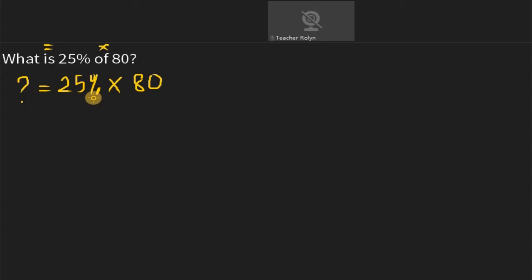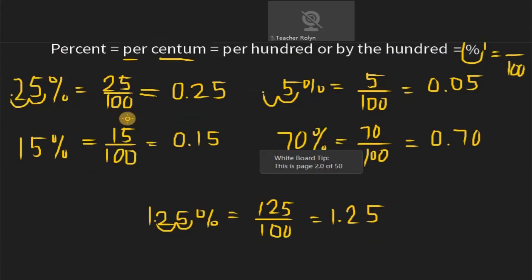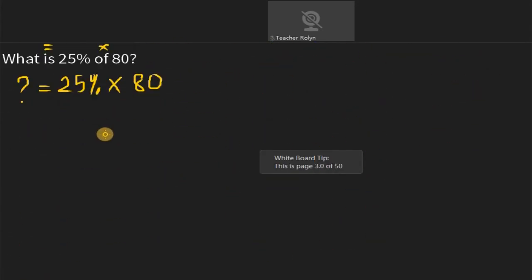Kung naalala nyo, a while ago, we converted 25% to decimal. Naalala nyo pa ba? Here, we will also convert this 25% to decimal so that we can multiply. Alright? So, we will write it again. 0.25 times 80.